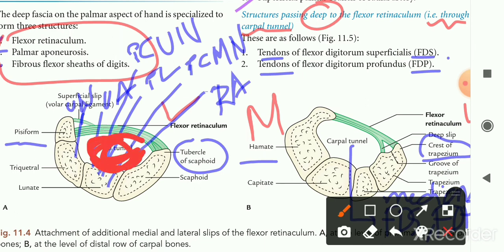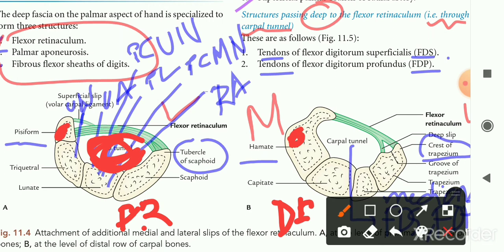So how is it formed, or what are its boundaries? Medially, it is formed by two bones: one is the pisiform bone and another one is the hamate bone. So these are the two pictures of the flexor retinaculum. One is showing the proximal row of the carpal bones, and another is showing the distal row of the carpal bones.